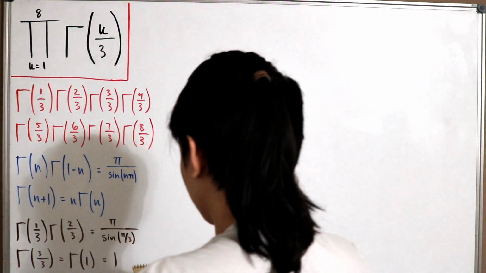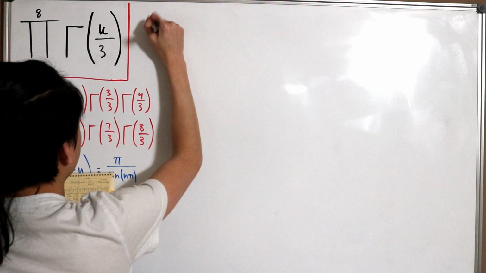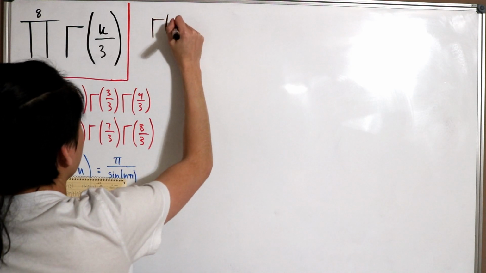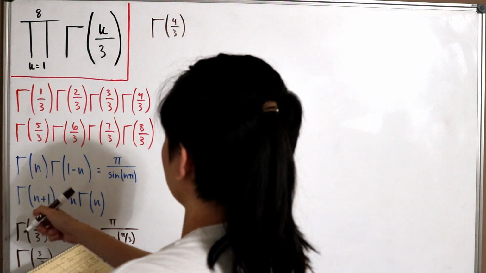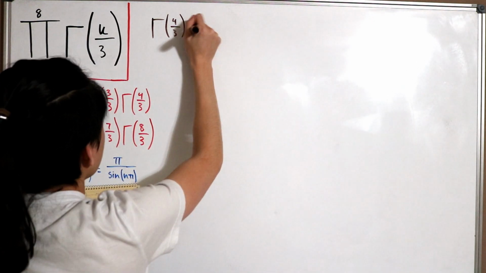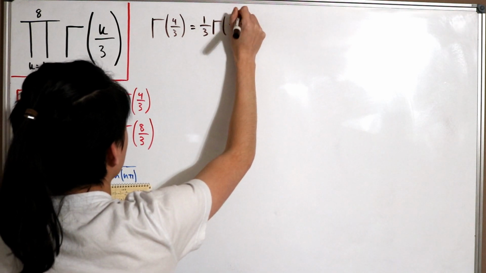Next is gamma of 4 over 3, where we use the recurrence relation. Substituting n equal to 1 over 3, this is 1 over 3 times gamma of 1 over 3.